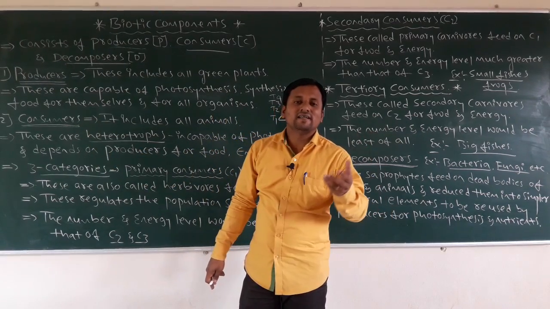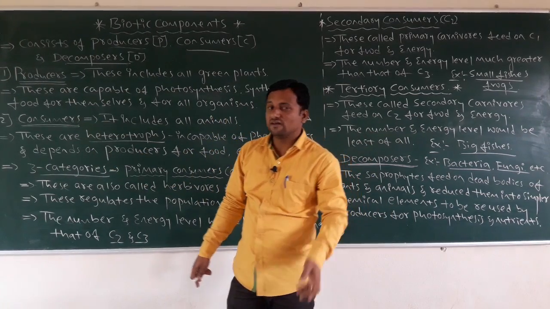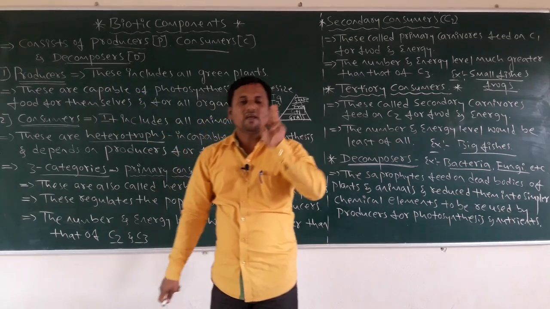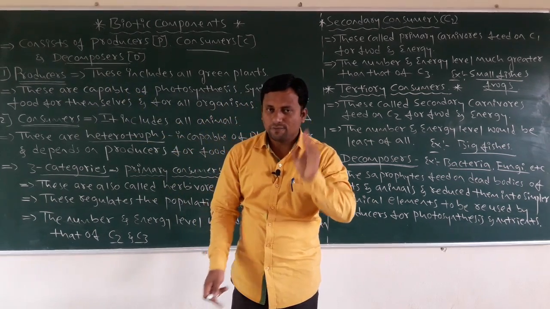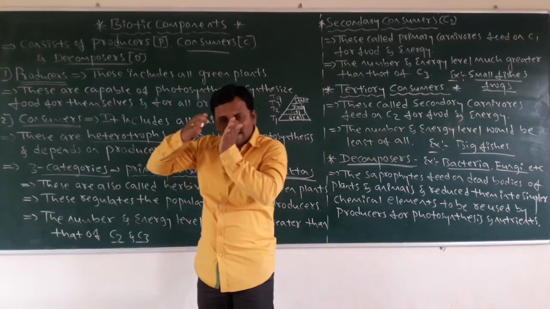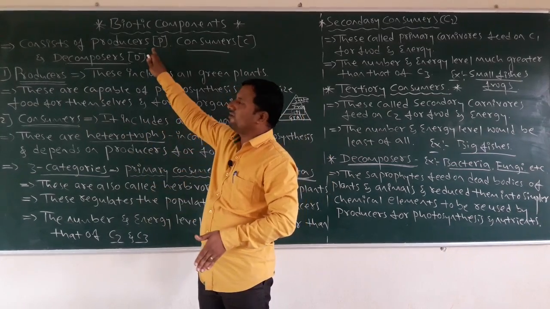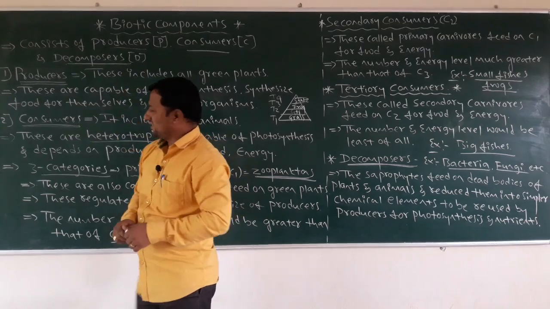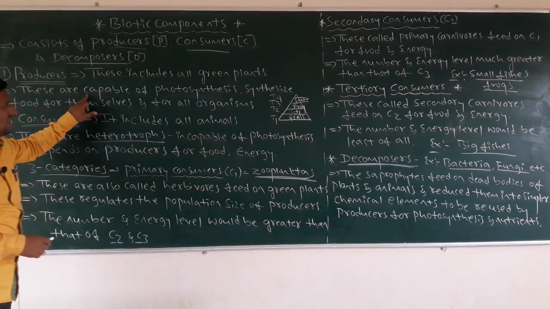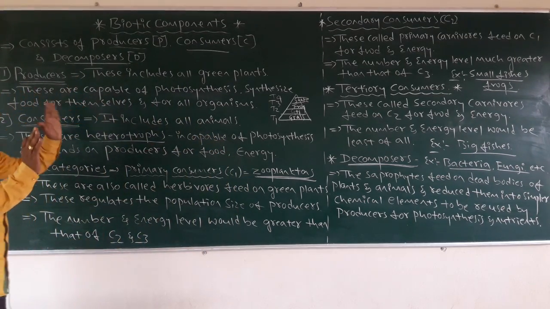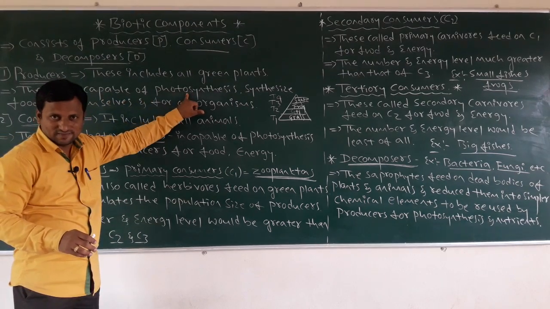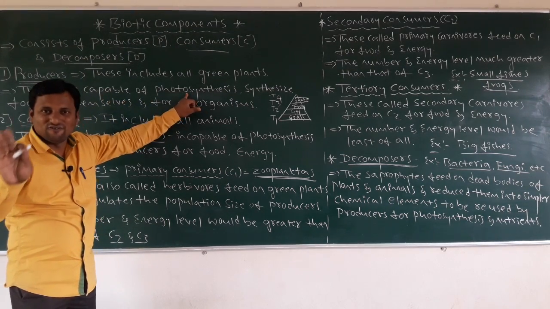Those bacteria which are involved in the decomposition process are called decomposers. These are the three main biotic components. Then we can see a clear idea about them one by one. What is that? Producers. See, producers are capable of photosynthesis.